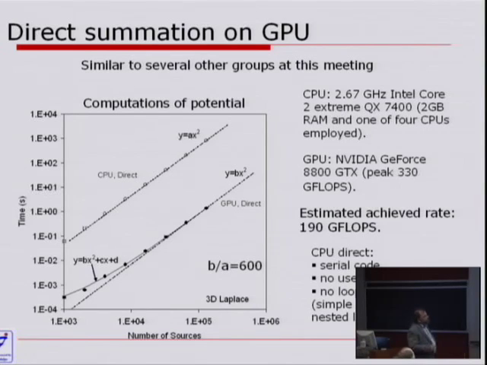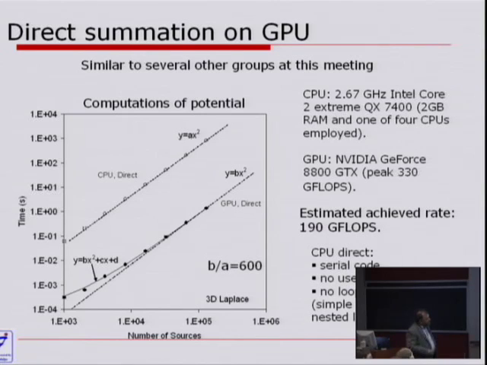Several talks this morning already addressed the issue of direct summation on GPU, and this is our experience and measurement. It's actually what we did. You see this n square, because it's log coordinates, and we got speedups of up to 600 on GPU compared to CPU.